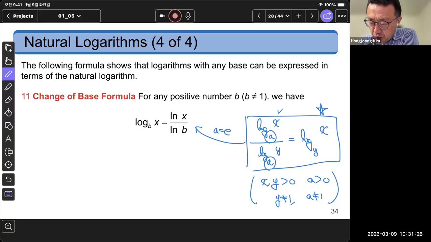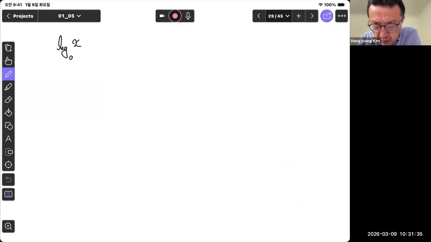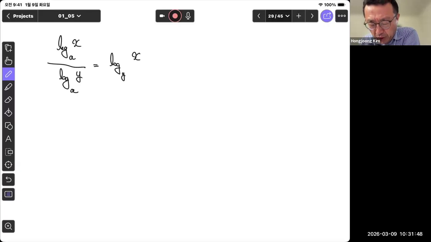So log x with base a over log y with base a will be the same as log x with base y. So this is a general situation.